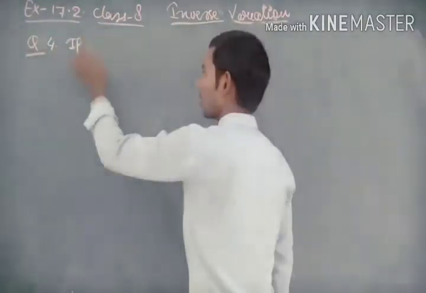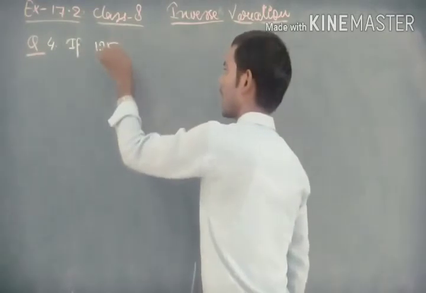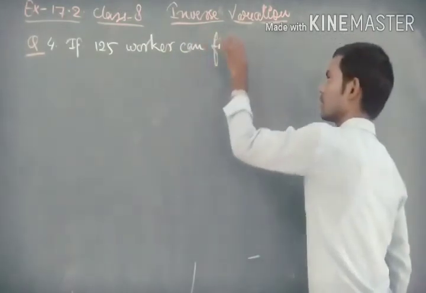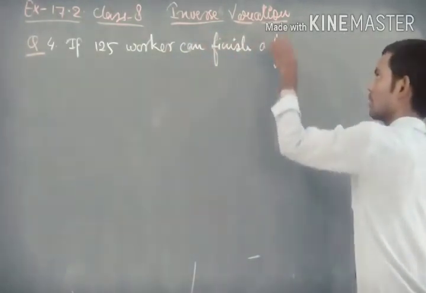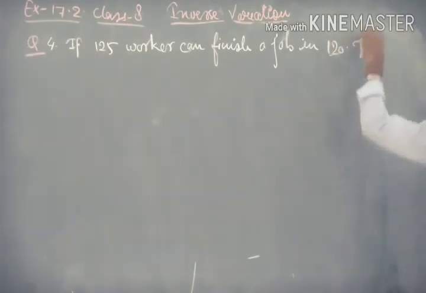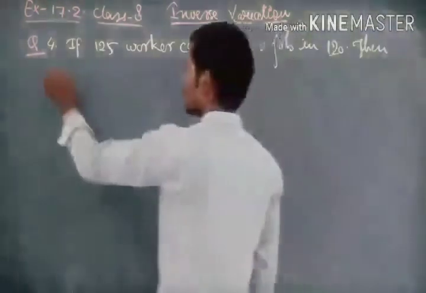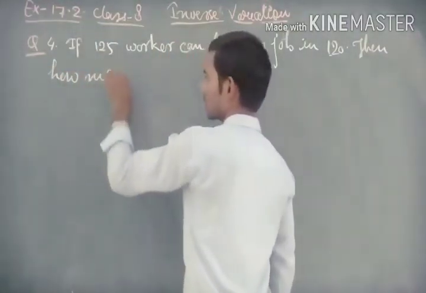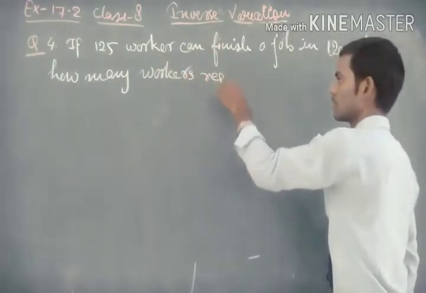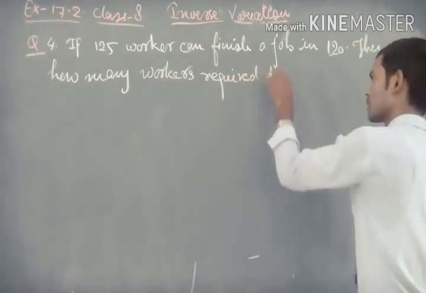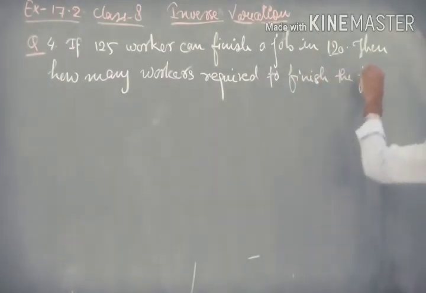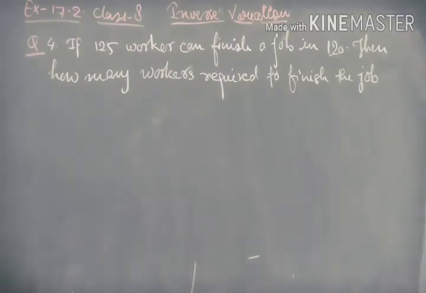If 125 workers can finish a job in 120 days, then how many workers are required to finish the job in 100 days.